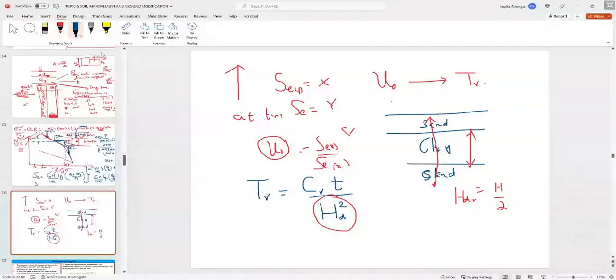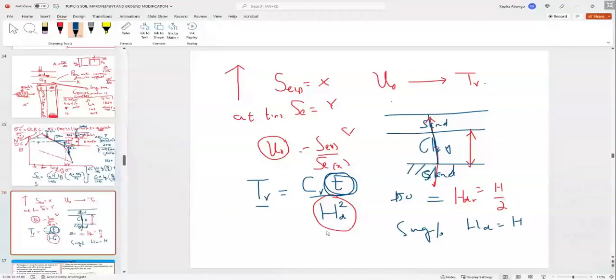If the soil only flows up, the molecule can only flow going up, therefore Hdr is equal to the height. So the time it takes for consolidation to occur for single drainage, compared to double drainage, will be 4 times.